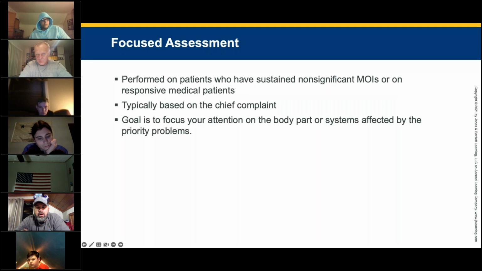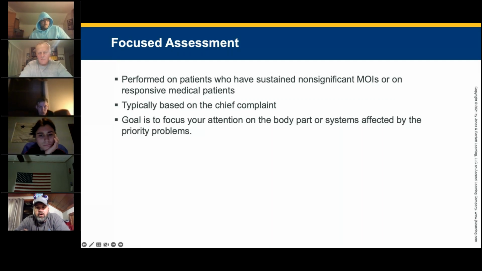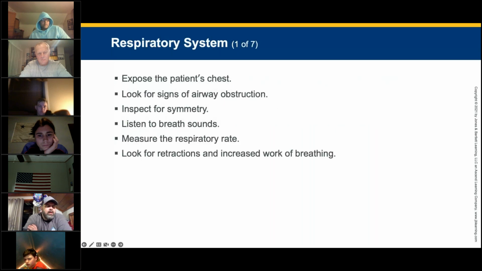So, for example, if your complaint is chest pain, your focused assessment is going to be cardiac. If your chief complaint is difficulty breathing, you're going to be looking at pulmonary, or the lungs, the respiratory system.